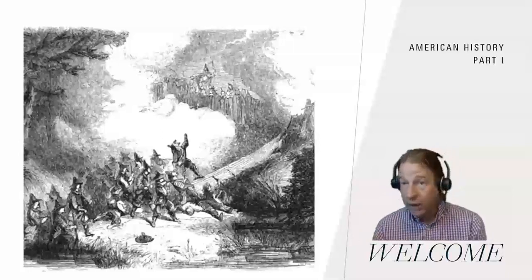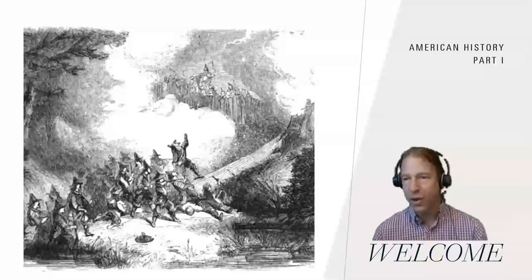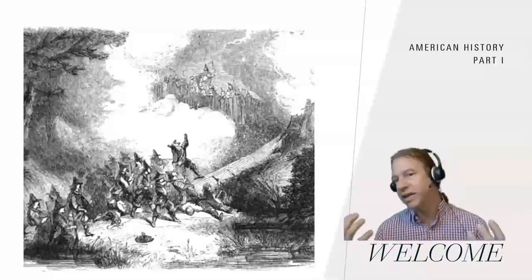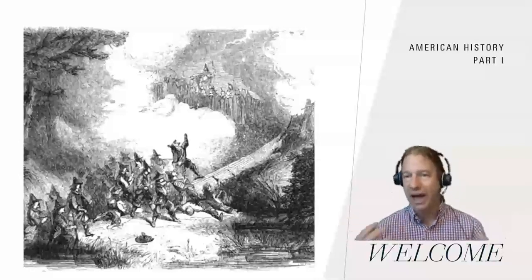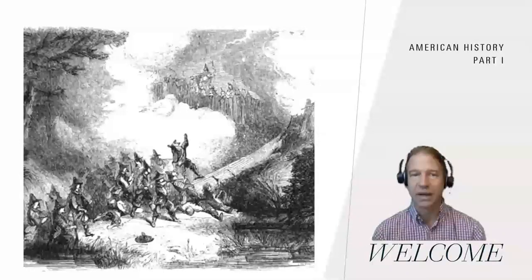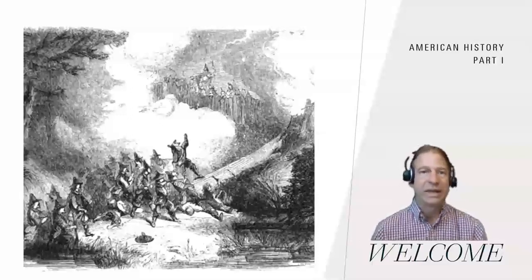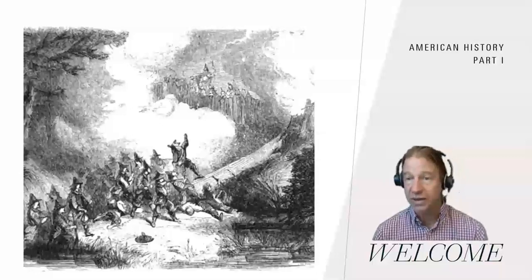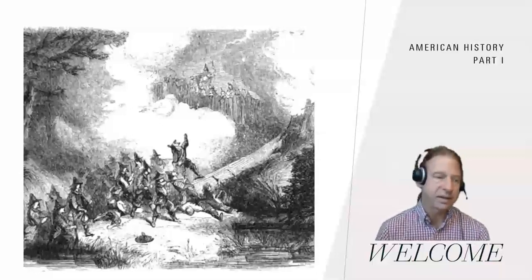So we're going to look at the North American colonies, how the colonies expanded, how colonial life changed over time. We will look at the development of the institution of slavery in the North American colonies and how slavery shaped the development of racism and inequality in the United States.